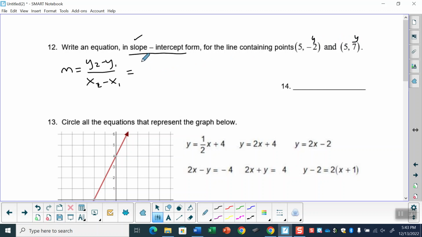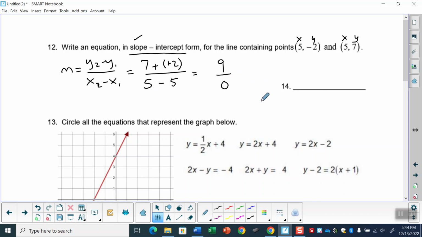So I'm going to take 7 minus -2. And then these are my x's. So then I'm going to take 5 minus 5. All right, minus a negative, that's 7 plus 2, so that's 9. 5 minus 5 is 0.